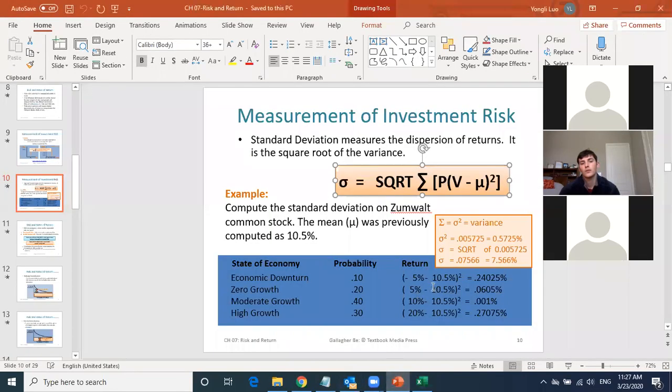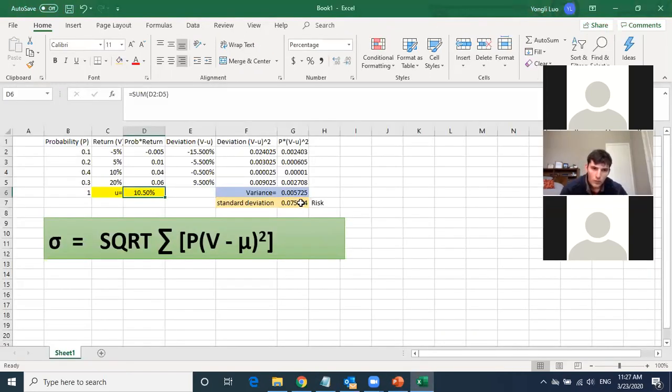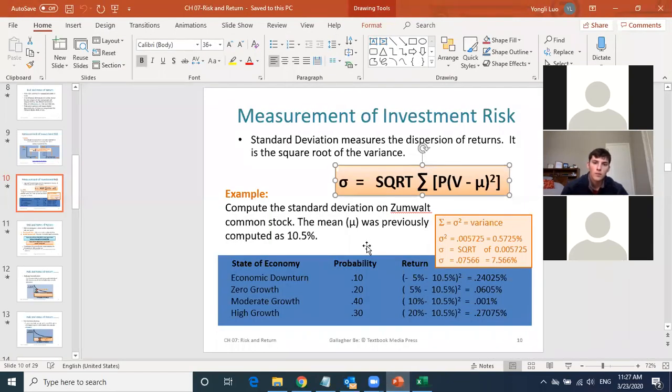So now we go back to the PowerPoint, so that you see how we get the standard deviation, 7.566. If you change this one to 2% and include some decimals, it's exactly the same as how we get it. That's for some of the students who had a question about how we calculate the risk and expected return.